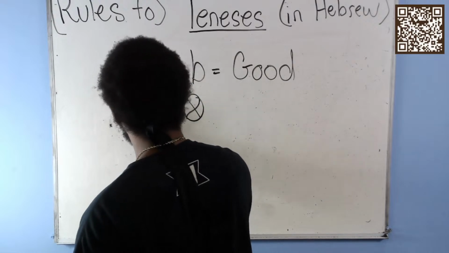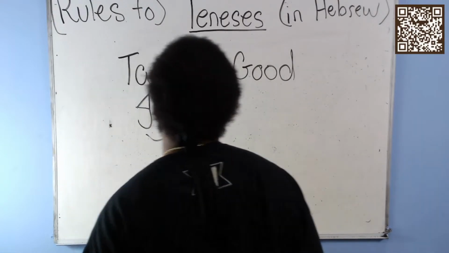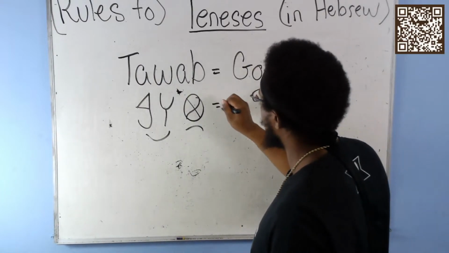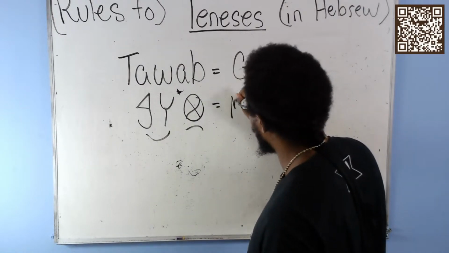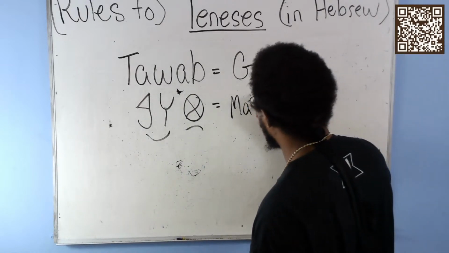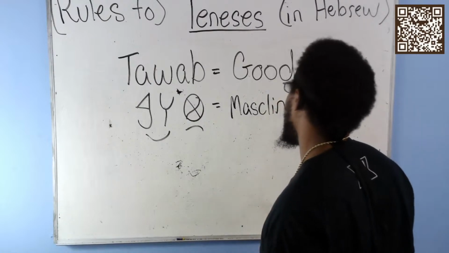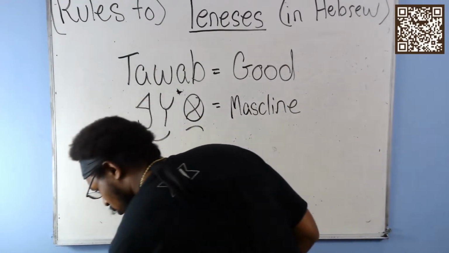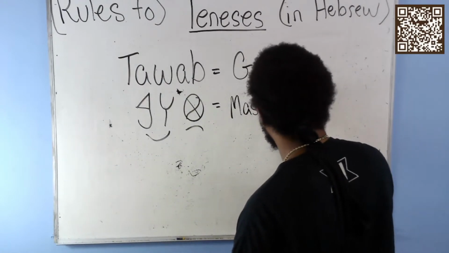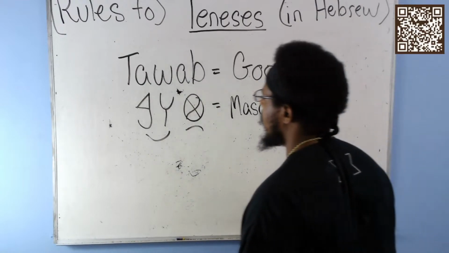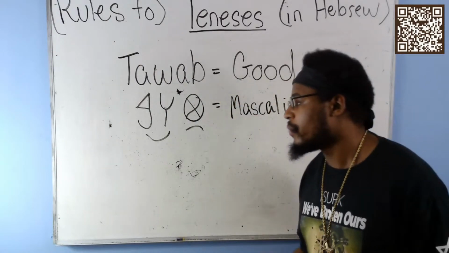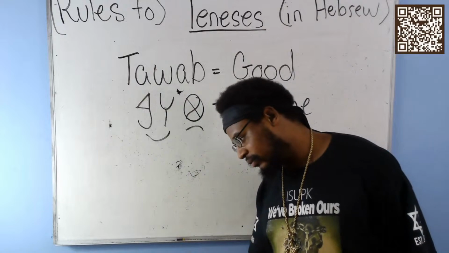This is the masculine. So when you want to make an adjective such as tawab, which means good, feminine, you add the ha at the end.